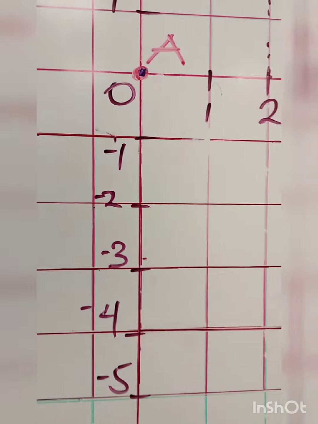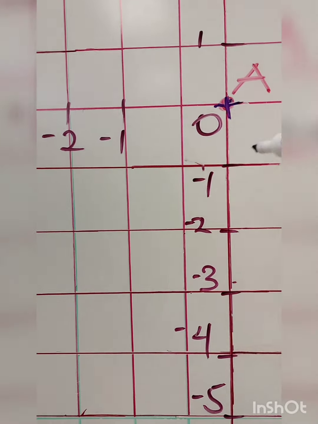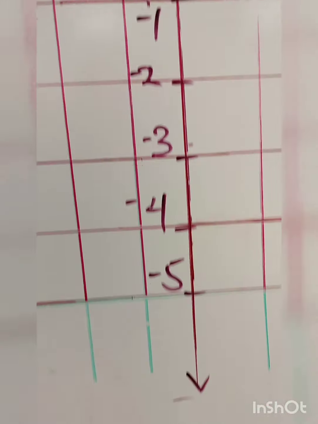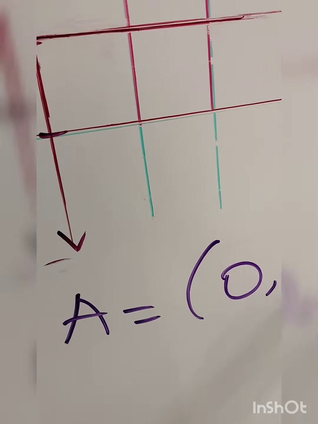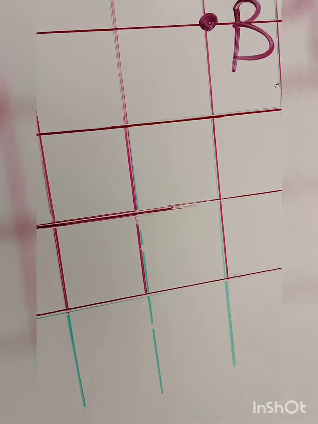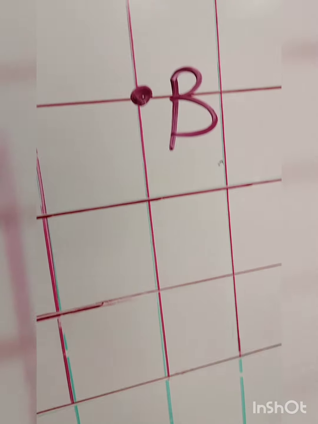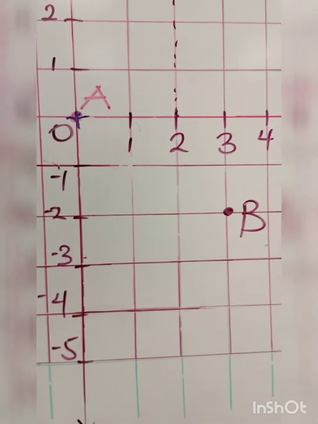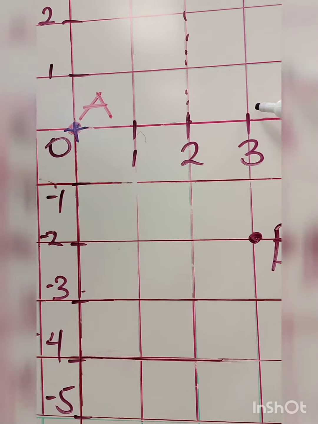Good. Point A is at the intersection, which is 0, 0. So it means the ordered pair for point A is 0, 0. Good. Now we come to the next one. What is the ordered pair for point B? For you to get the ordered pair, start from the x-axis.